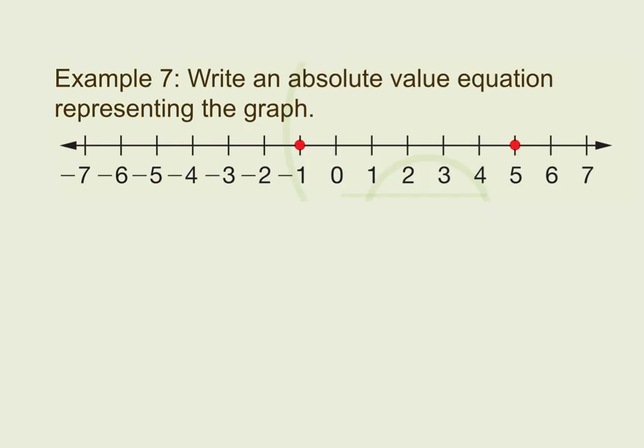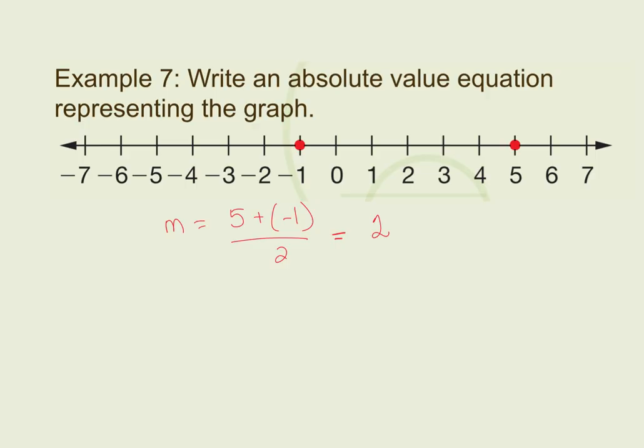Let's look at writing an absolute value equation representing this graph. Well, if we look at the midpoint here, we would just say, what's the average? So the midpoint is going to be 5 plus negative 1 divided by 2. The midpoint here is 2, all right?